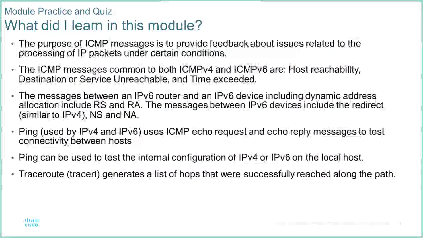We looked at how ping is used to check connectivity between end devices, and we looked at traceroute, how it uses the time to live field to trace each hop along a path between two devices.